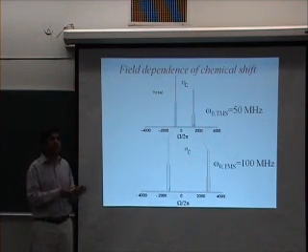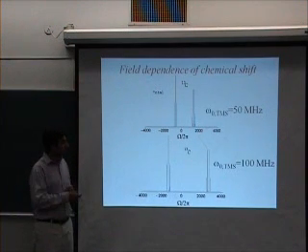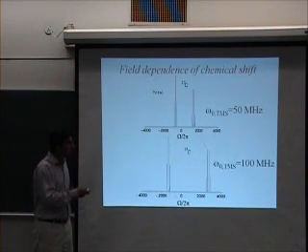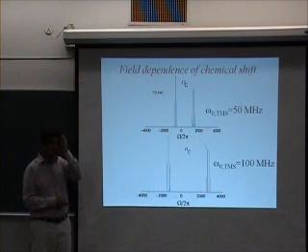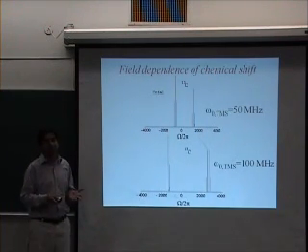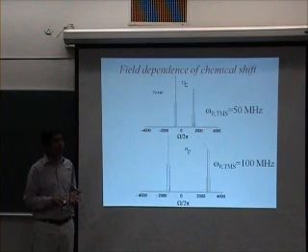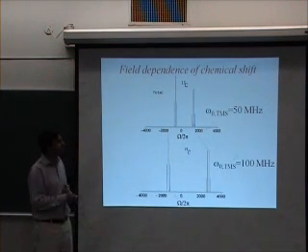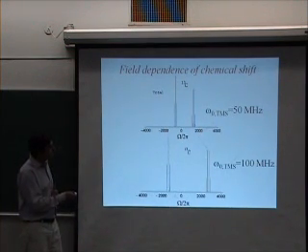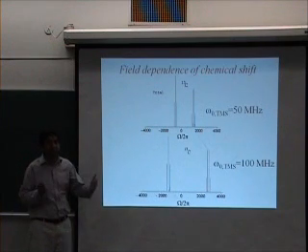Now if you take the same sample and put it into another spectrometer which has twice the static magnetic field and hence twice the Larmor frequency of the reference compound, 100 MHz, the separation between these peaks increases.